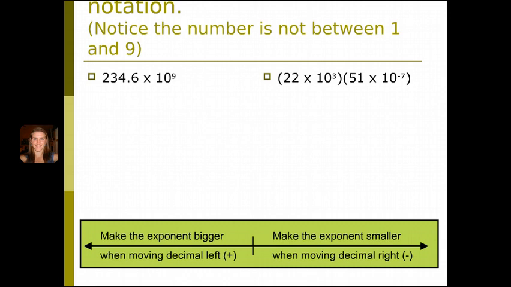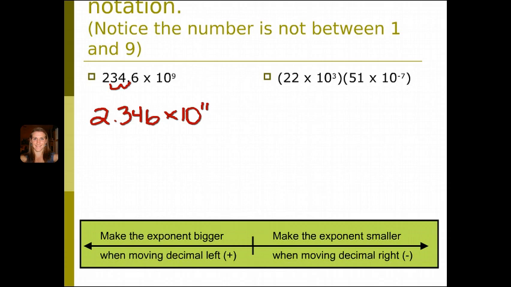If we move the decimal place to the left 2 spots, our number would be 2.346. We're going to put the times 10 with it. And since we added 2 more spots to the left, then we need to add 2 to the original 9 that we had here, which would give us a new exponent of 11.